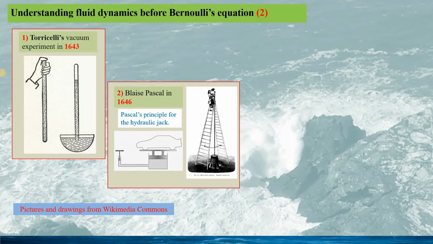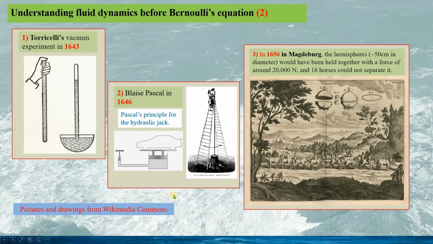He created the pressure in a long vertical tube. Large pressure caused the barrel to burst. And he also proposed Pascal's principle, which is widely used for engineering applications, such as using Pascal's principle to lift a car slowly and easily.